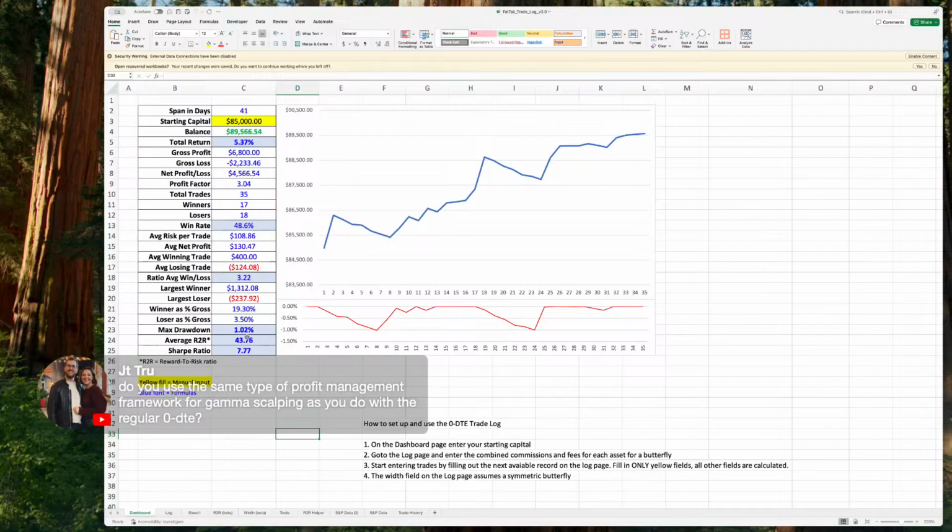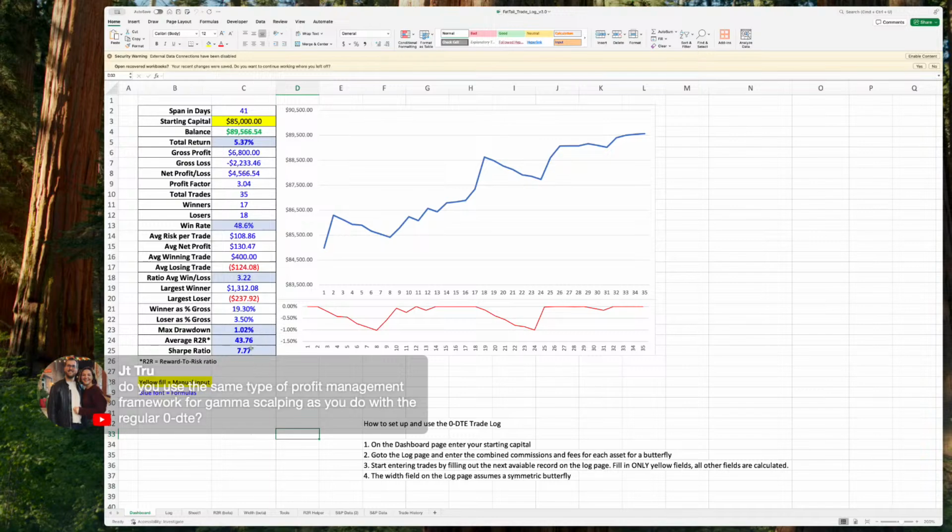Now, this is only a month's worth of trading, or 40 days worth of trading. 35 trades. Profit factor of 3. Win rate right around 50%. Drawdown super low. Extremely high Sharpe ratio, indicating that my profit was very high per unit of risk.